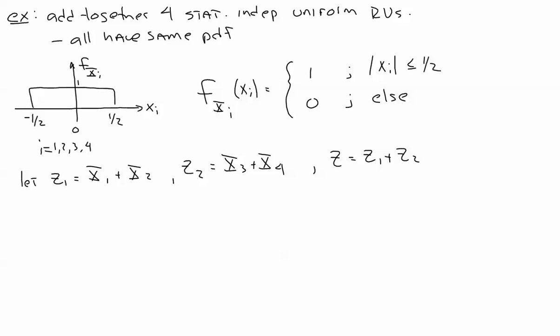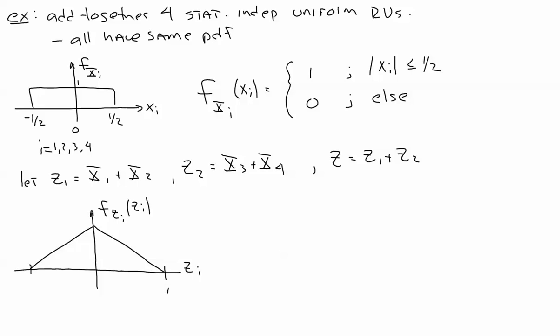Let me just draw this out for you. Mathematically, my probability density function for Z1 and Z2 looks something like this: 1 minus absolute value of Z sub I, and 0 otherwise.